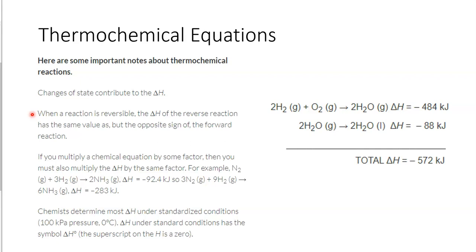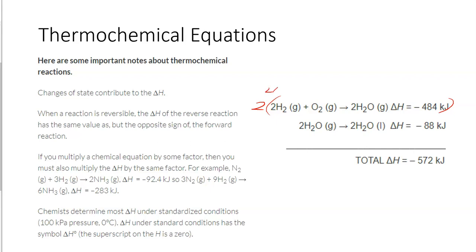If you multiply a chemical equation by some factor, then you must also multiply the delta H by the same factor. So if I multiplied through here, let's say I multiplied everything by 2, right? If I multiplied through this whole equation by 2, that means I have to multiply everything by 2.